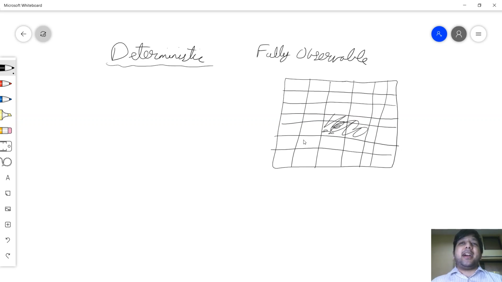That's my same old grid world. This is where I am at 2, 2, and from 2, 2, everybody knows if I take the action right, I go to, of course, a 3, 2. However, now what really happens is that the system is stochastic.